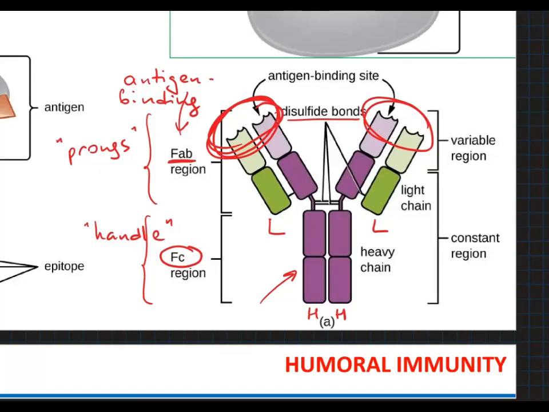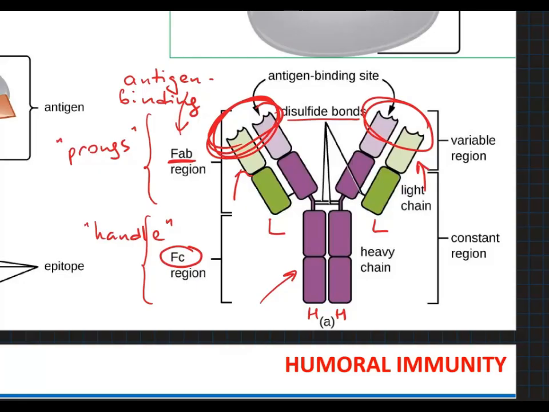Okay? Now, right away, to clear any confusion, if you take any antibody that is produced by your immune system, not synthesized in the lab, the antigen binding sites, both of them, recognize the same antigen.